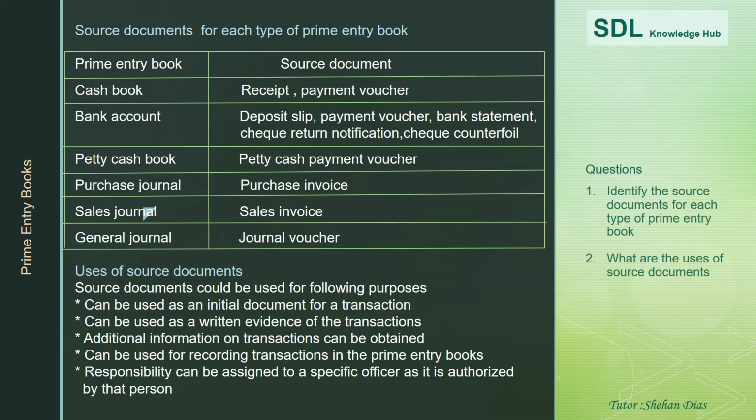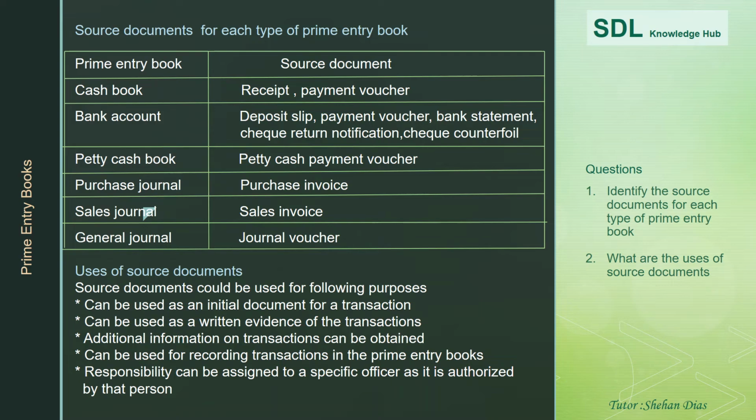Finally, we can look at the use of the source documents. The following uses can be seen for the source document. It can be used as an initial document for a transaction. It can be used as written evidence of a transaction.